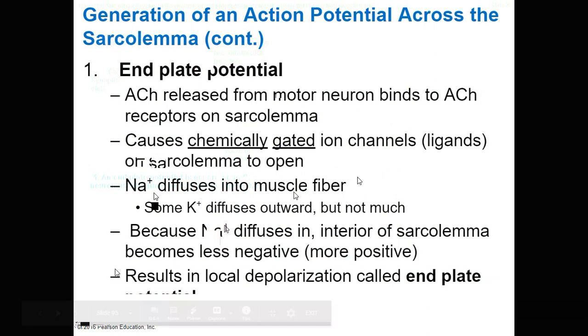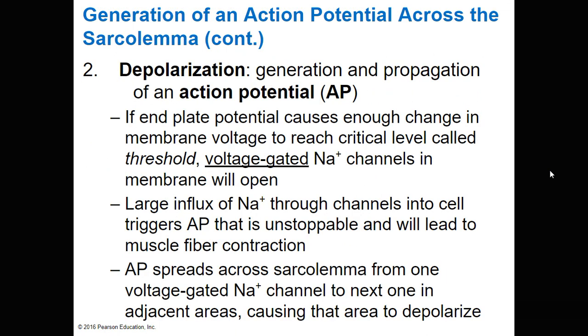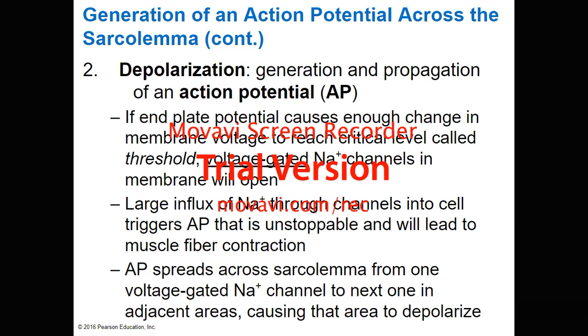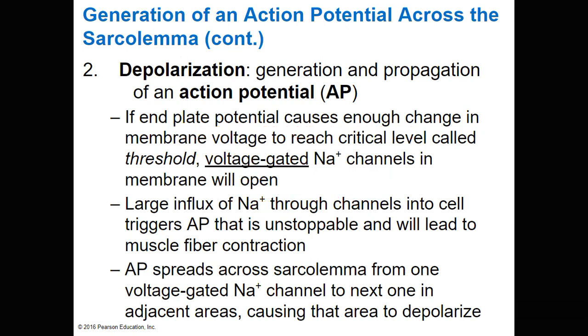All right, so at that end plate potential, if the depolarization reaches a threshold, an action potential fires. It's either all or nothing. In order for an action potential to fire, it has to reach a certain threshold. Once that threshold is reached, voltage gated sodium channels are going to open.